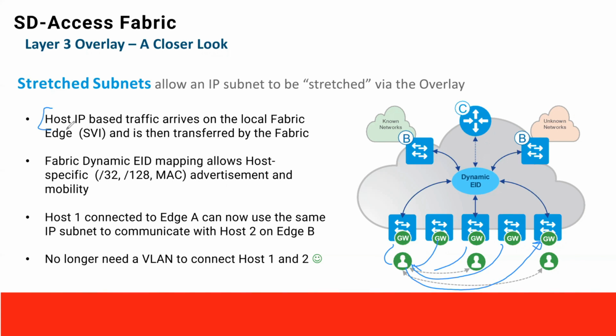Host IP based traffic arrives on the local fabric and is transferred by the fabric, which means that if there is any specific endpoint connected with the same gateway on this edge one, the same VLAN SVI, consider this as VLAN 3 and this endpoint is also on VLAN 3, the control plane already has this information. So it will be a direct communication.